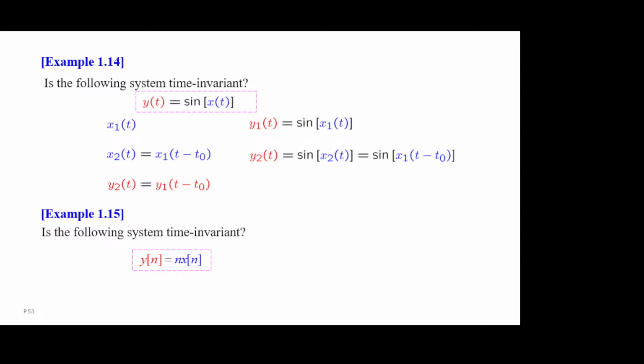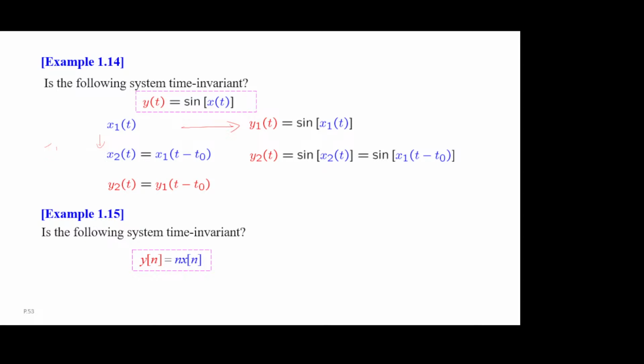So we have x1 going through the system gives you y1, and x1 with a time shift t0 gives you x2.